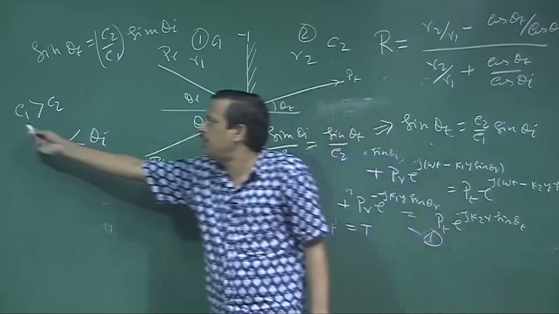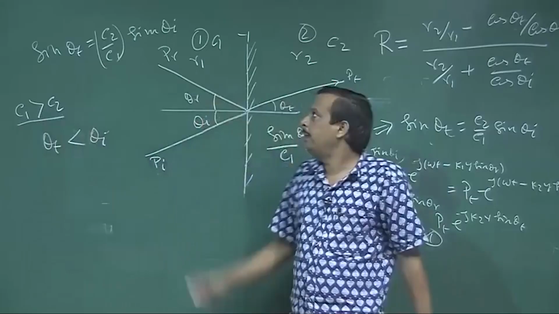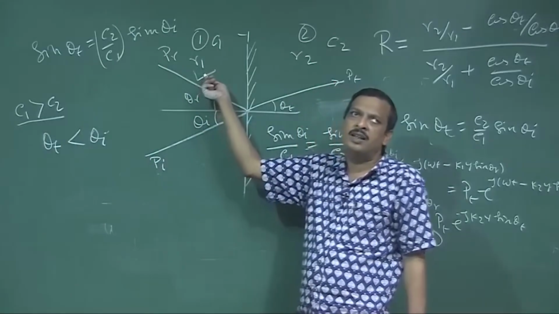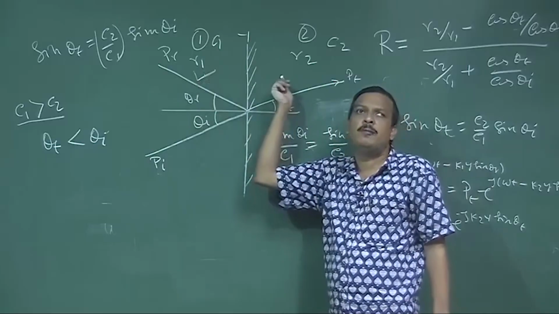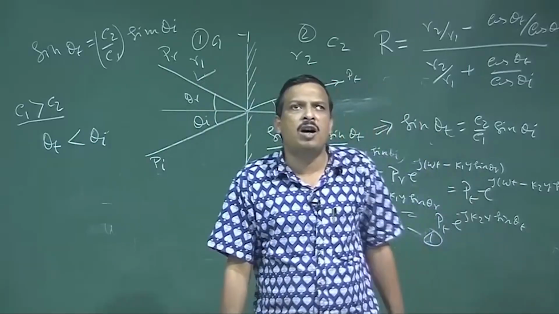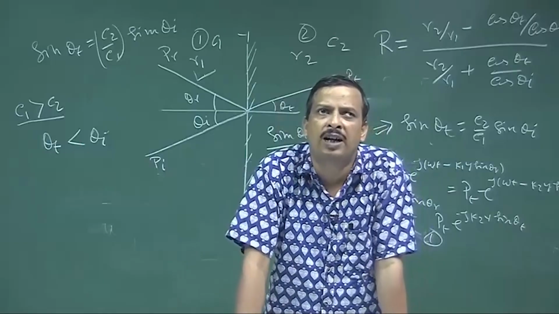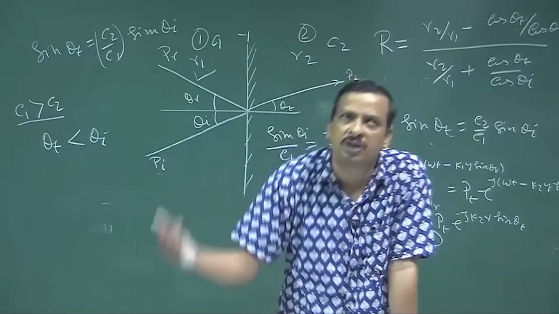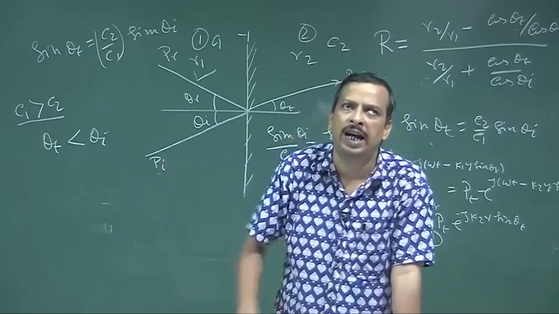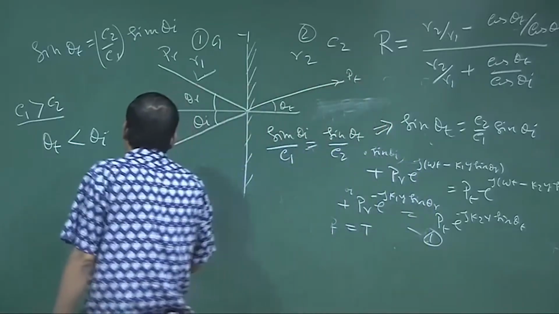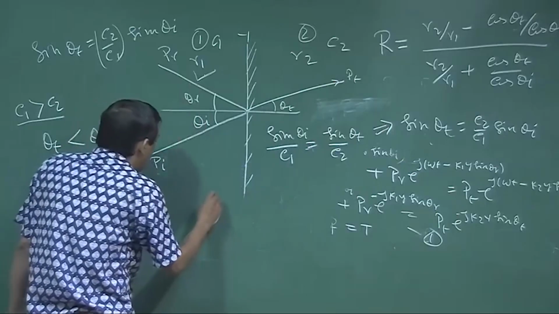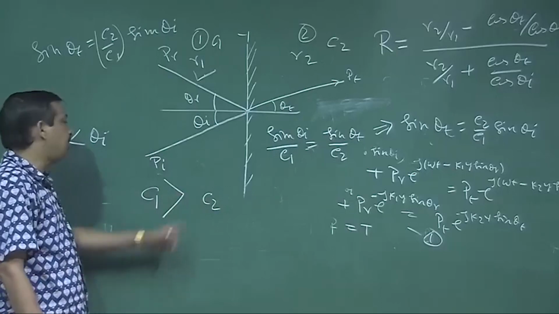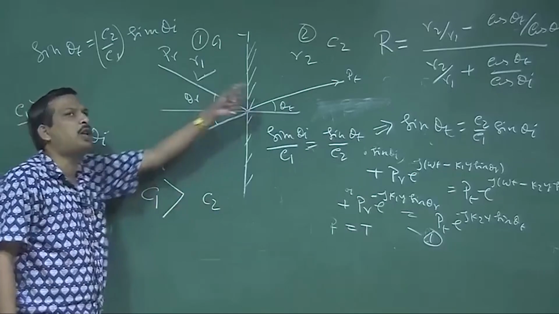So, what do we mean by c1 greater than c2? The velocity of sound in medium 1 is higher than in medium 2. A practical example is sound transmitted from water to air.